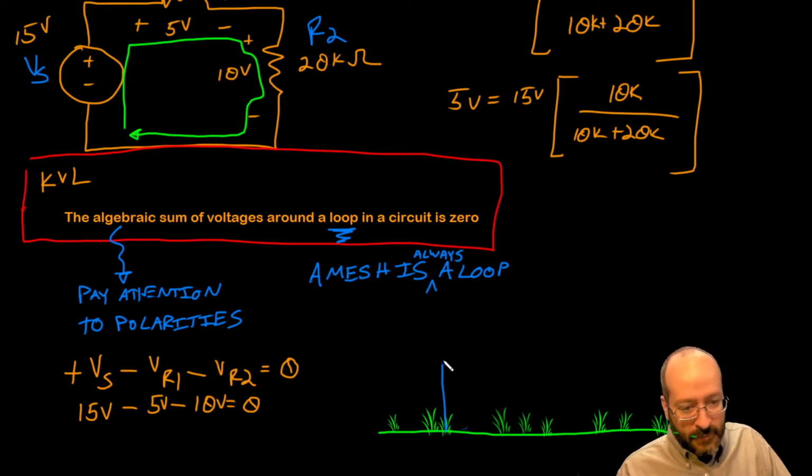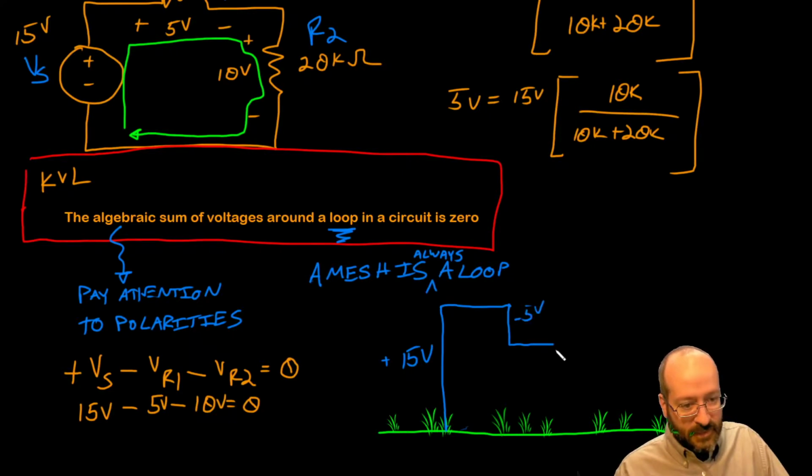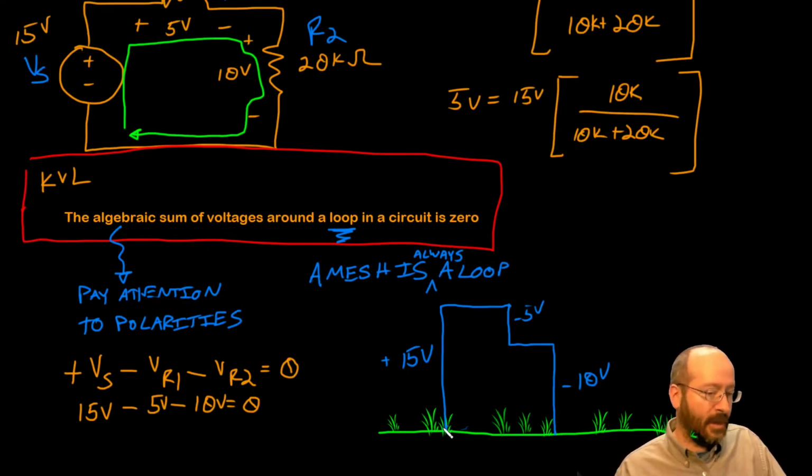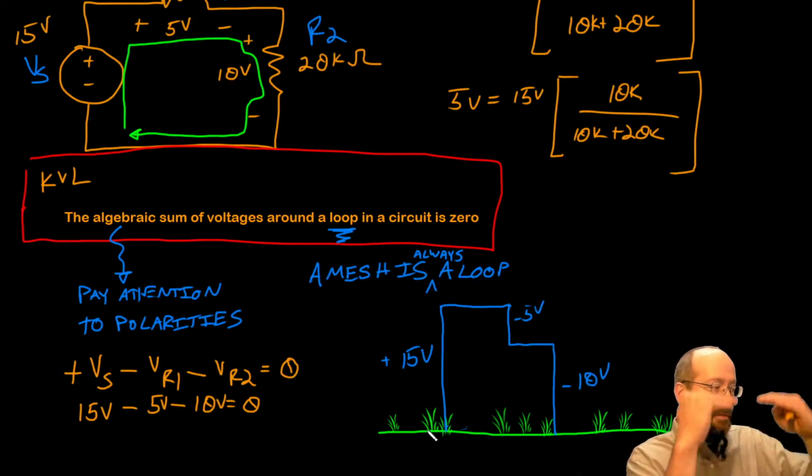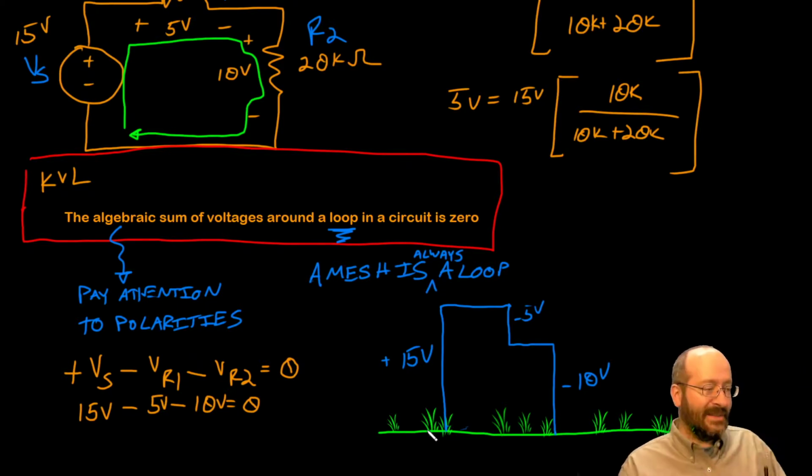So the ball goes up one step, a 15 volt rise as I move left to right here, and then we dropped 5 volts. So this was negative 5 volts, and then we dropped another 10 volts, and we end up back where we started. If we put in some energy, it's got to come back out if we get back to the same point. It is conserved, after all.